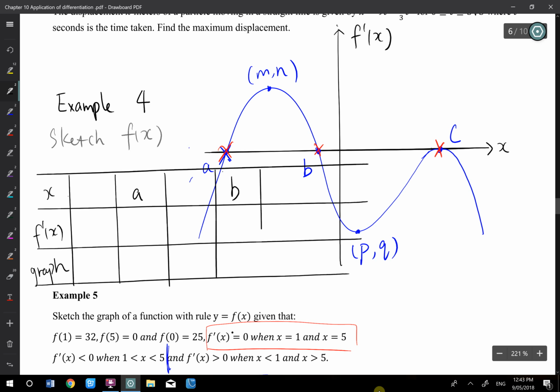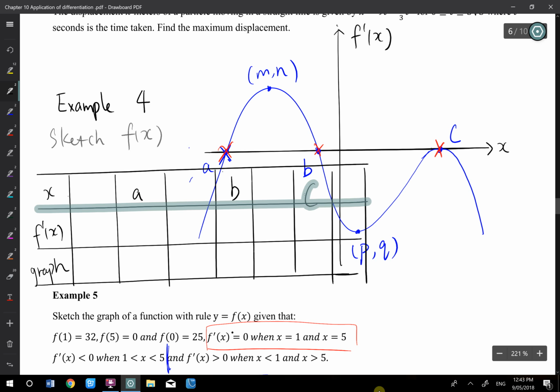The second one B, empty. The third one C, empty, and the last one. I'm sorry it looks so bad, but it makes sense. I write things in order from the smallest to the largest, and I will talk about negative or positive in between those points.